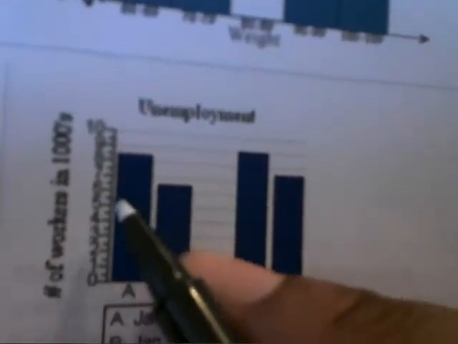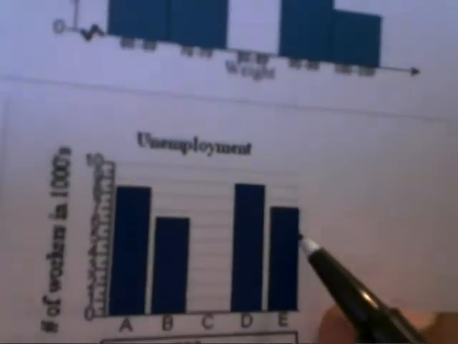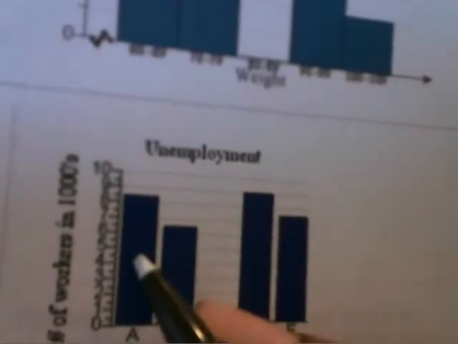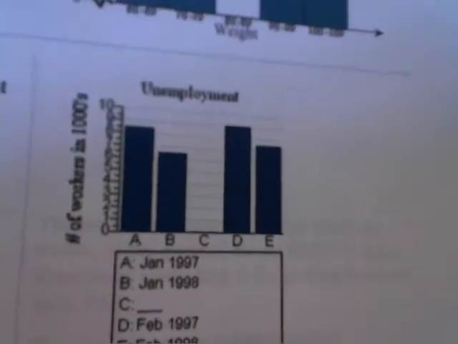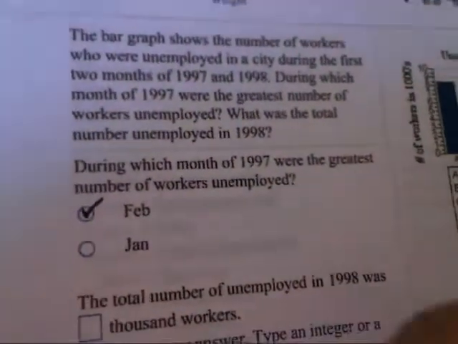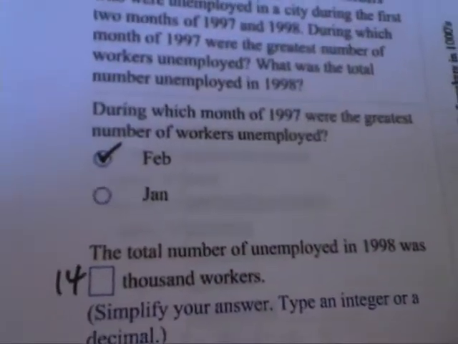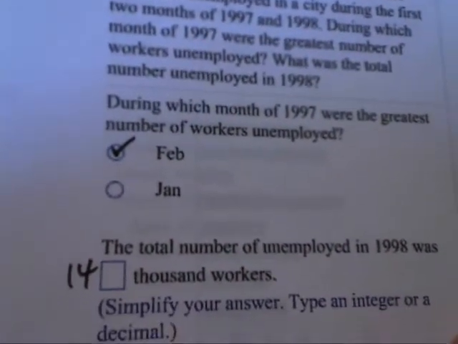This goes up to 6.5. And for E, this goes up to 7.5. So if you add 6.5 to 7.5, you'll get 14. So that means that there were 14,000 unemployed workers in 1998.